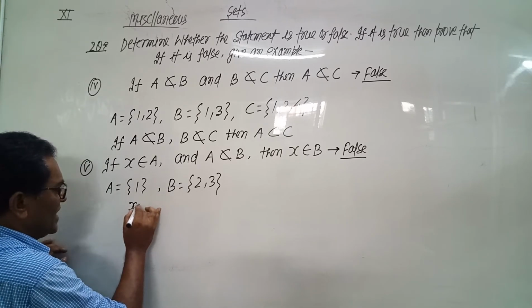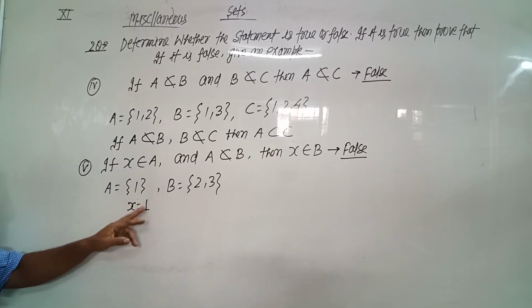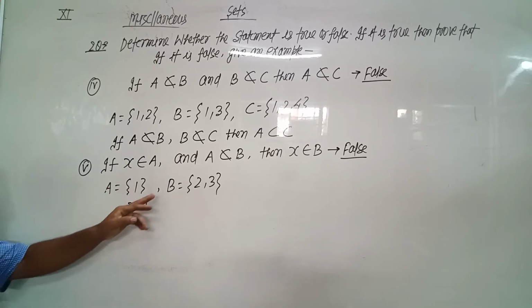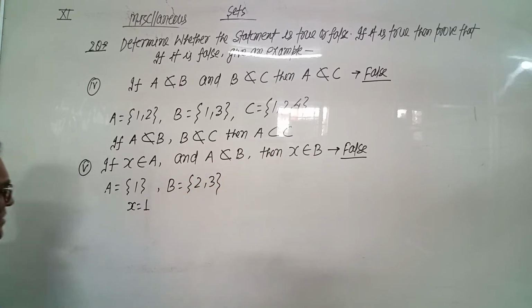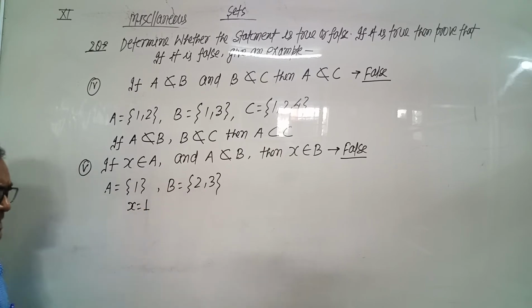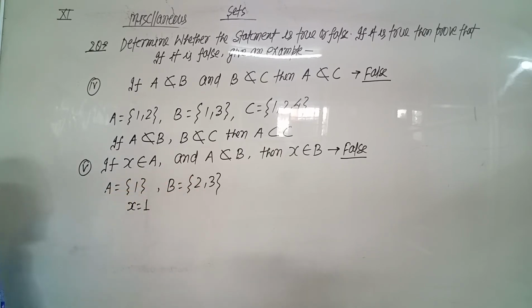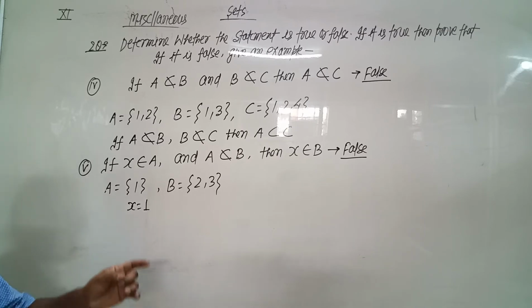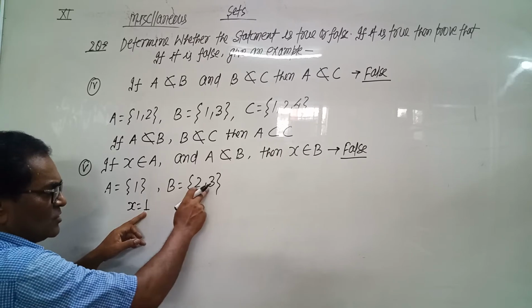So 1 belongs to A, and A is not a subset of B, since every element of A is not an element of B. Then X belongs to B means 1 belongs to B.